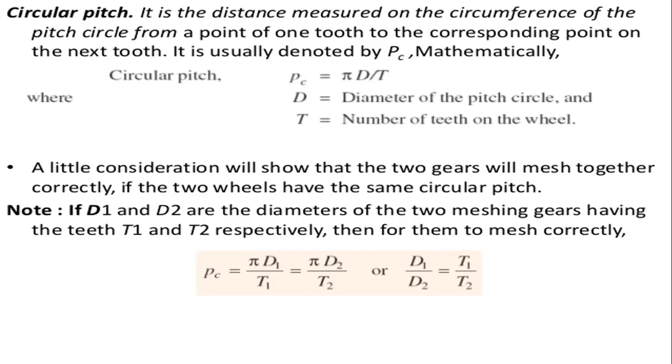So that is PC is equal to pi into D by T. So this is a general formula. So here it is taken as, for the first gear, pi into D1 by T1, and for the second gear, pi into D2 by T2. Therefore, cancelling the pi, we got D1 by D2 is equal to T1 by T2.